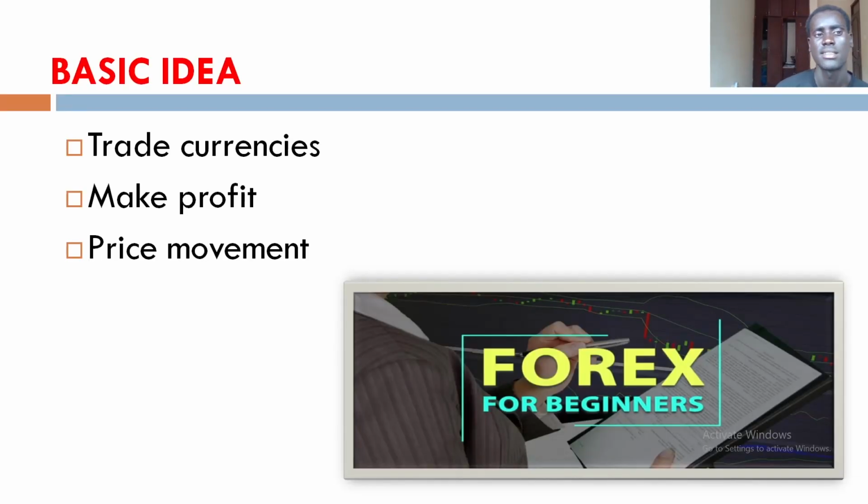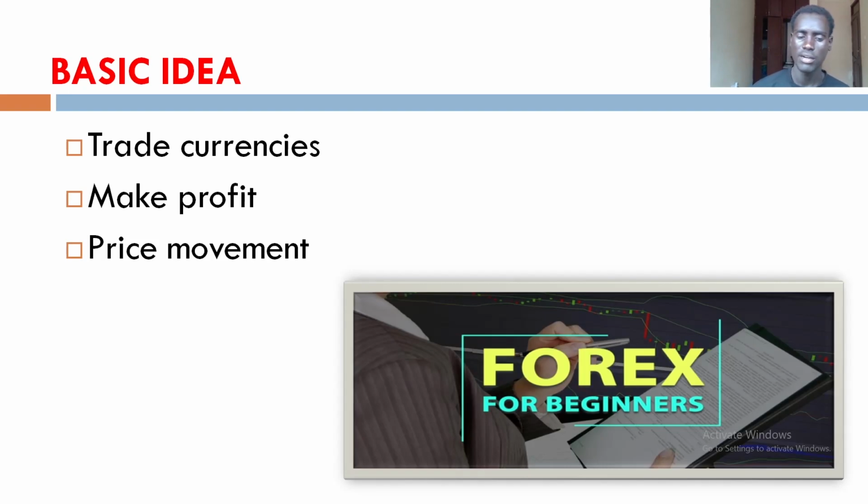The basic idea is in Forex trading, you trade currencies to make profit, due to the price movement. In trading in the Forex market, we trade currencies, right? We trade currencies of different countries all over the world, the international currencies.